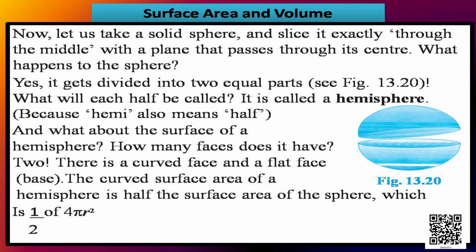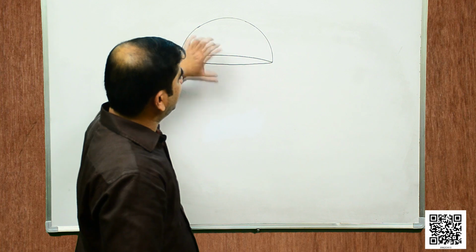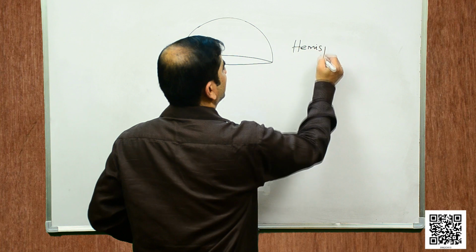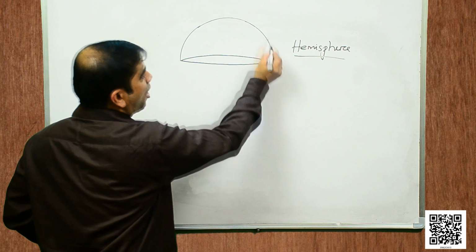What will each half be called? It is called a hemisphere, because hemi means half. And what about the surface of a hemisphere? How many faces does it have? 2. Yes, there is a curved face and a flat face, isn't it? So students, here you can see this is a hemisphere, and this part is a curved surface.